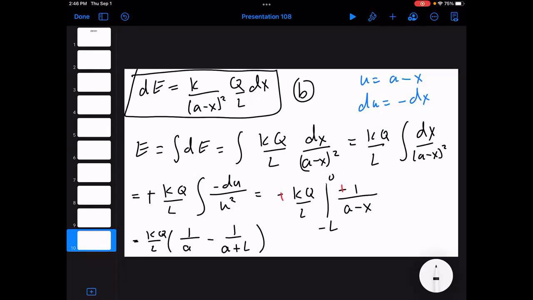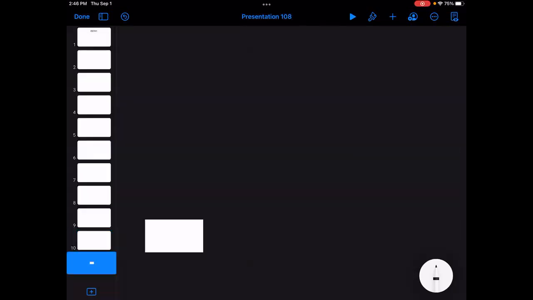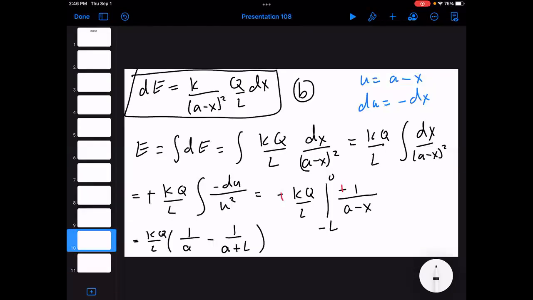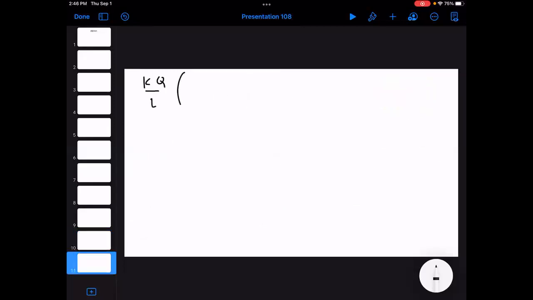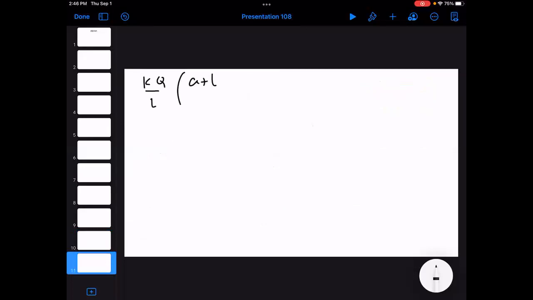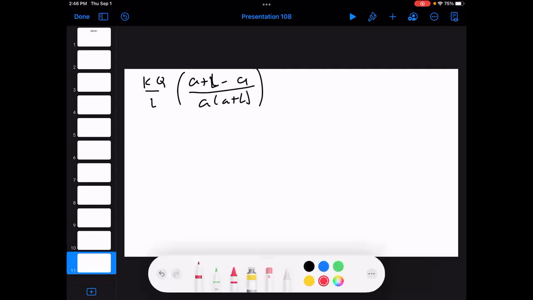And by now I'm kind of hoping you're looking at this and saying we've done this twice already. KQ over L, A plus L minus A over A plus L. And my A's cancel and my L's cancel.